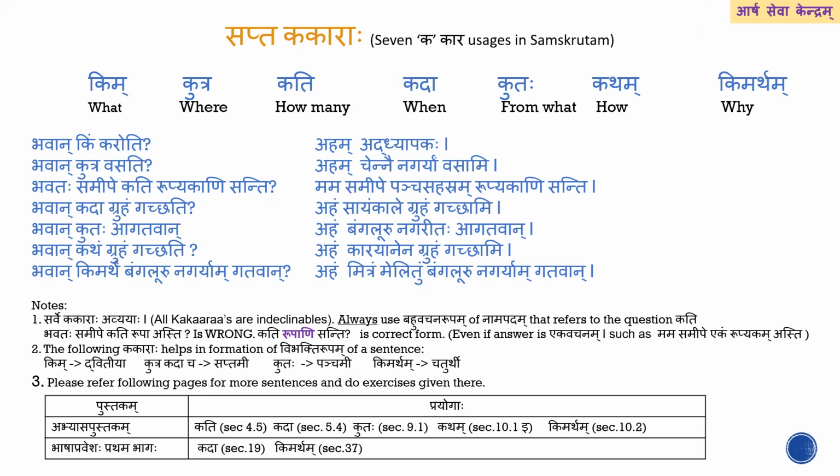Okay, so you can write it. What the exercise is about is they have given one example. Shankaraha Bengaluru taha Sringeri gatavan. From Bangalore he went to Sringeri. Sringeri taha Dharmasthalam gatavan. So from Bangalore he went to Sringeri, then Dharmasthalam. Now the rest you can fill in easily.